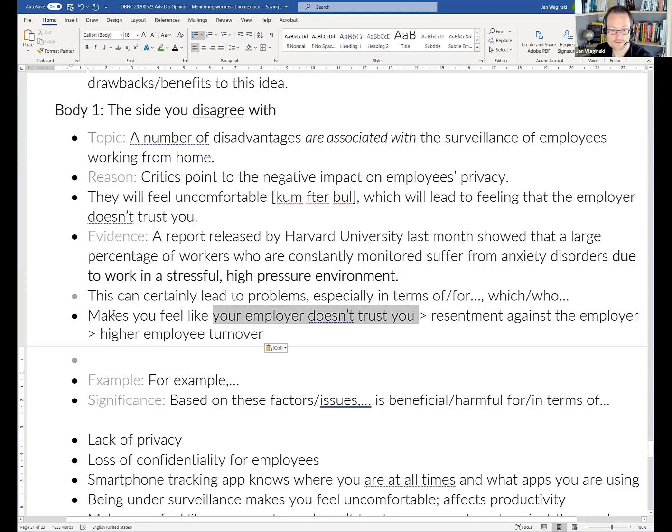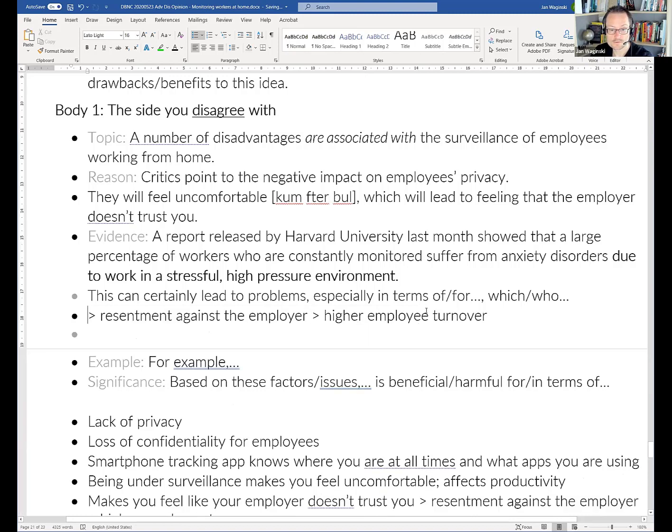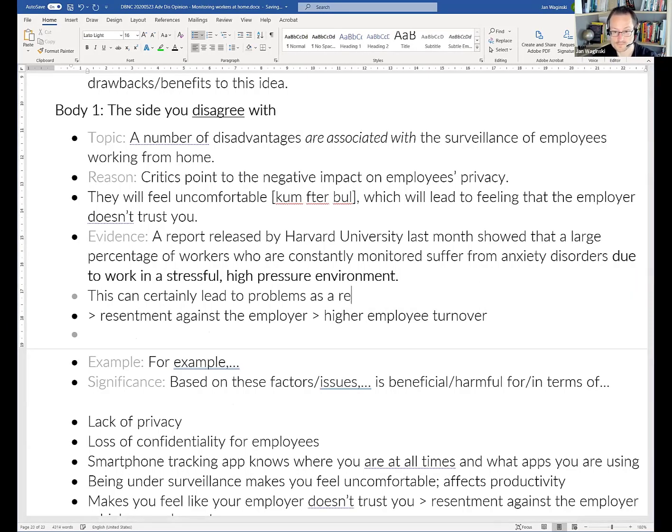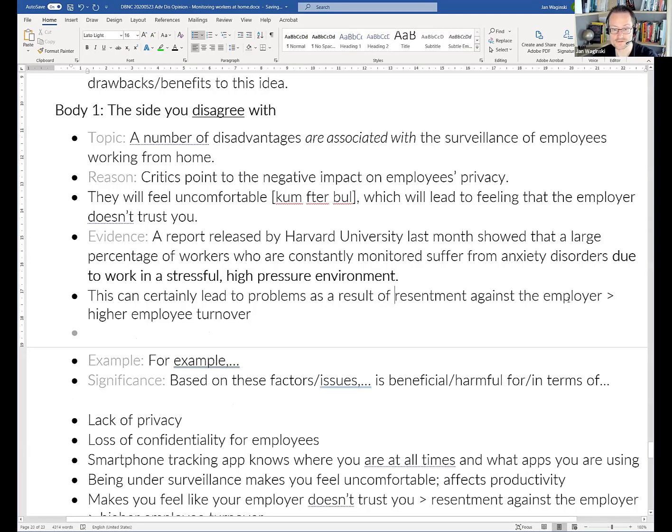So we've got this already. To problems as a result of resentment against the employer, which can lead to higher employee turnover.